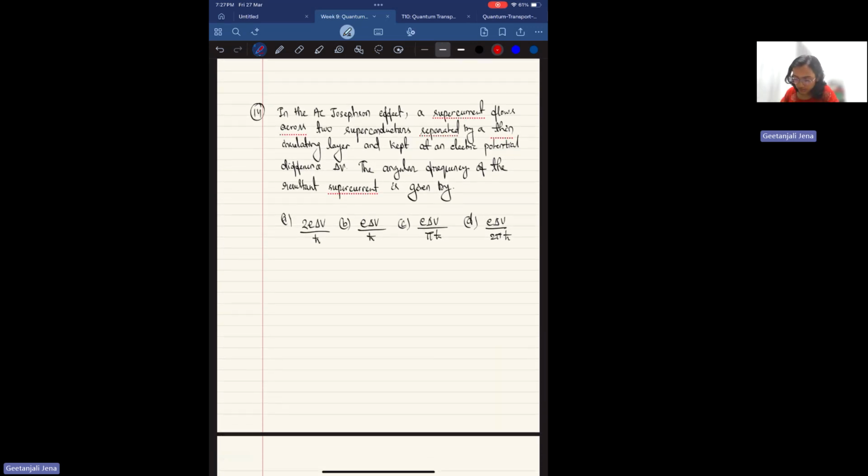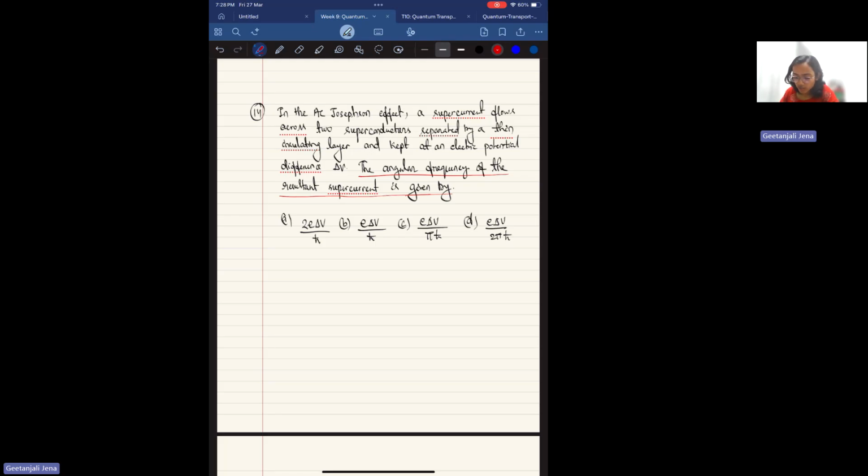Okay. Question number 14. It's a conceptual question. In the AC Josephson effect, a supercurrent flows across two superconductors separated by a thin insulating layer, and this is kept at an electric potential difference of delta V. What is the angular frequency of the resultant supercurrent which passes through this AC Josephson junction?